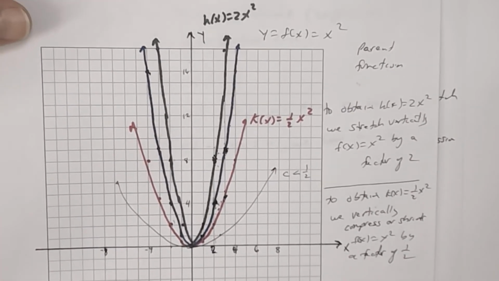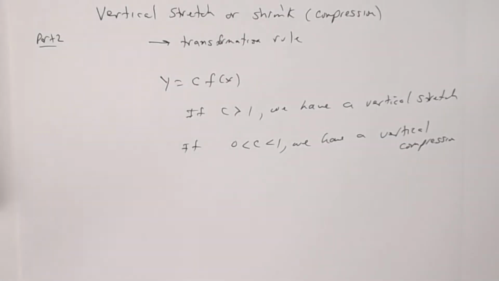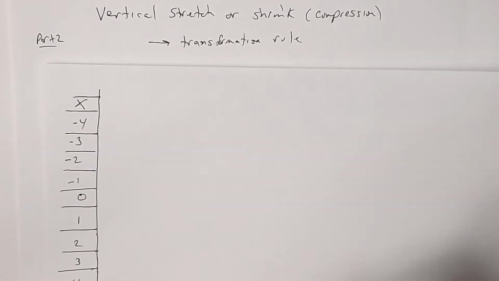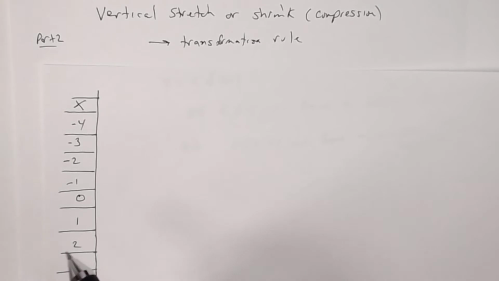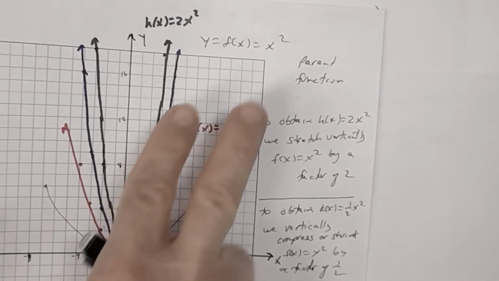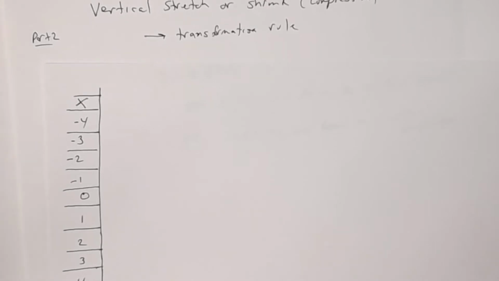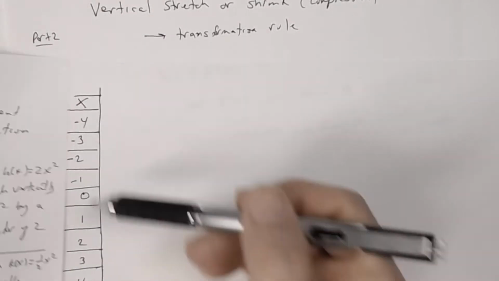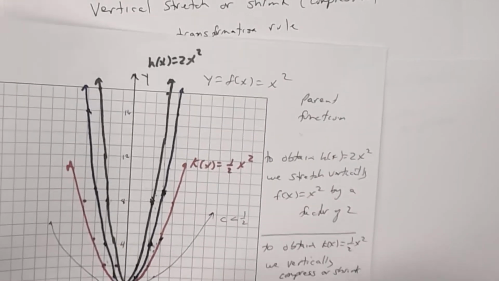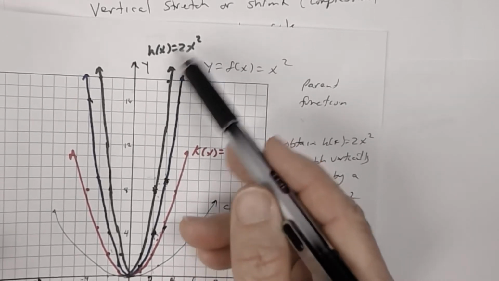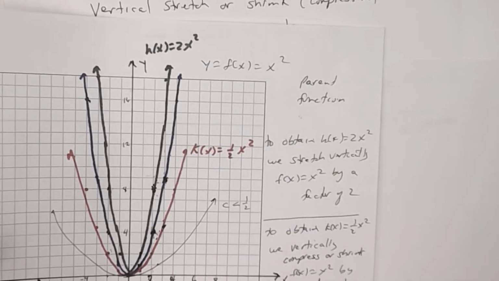You'll notice that when we graphed f of x, I used these x values, and we used them to help us get these other graphs, while discussing what c does to the graph of f of x.